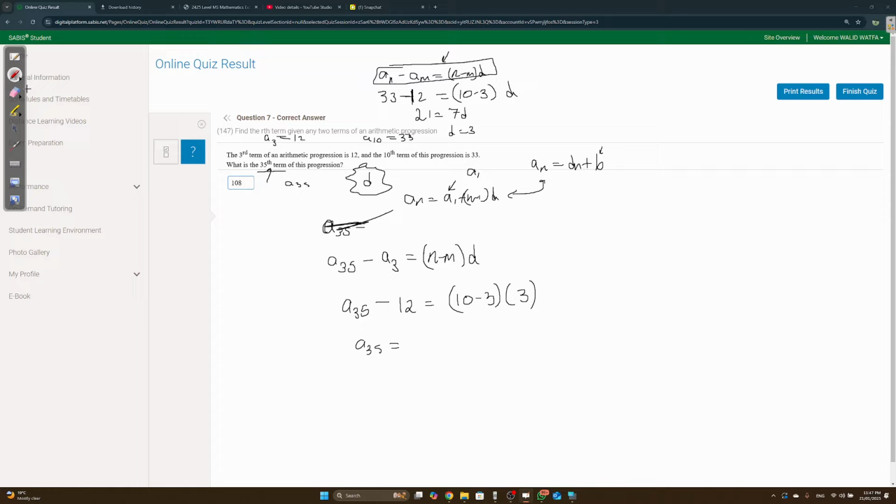Why am I using 10? It's not 10. It's 35 minus 3, because we're doing n minus m, and n in this case is 35. So 32 times 3, that's 96, plus 12, 108. Yes, 108. That's it.